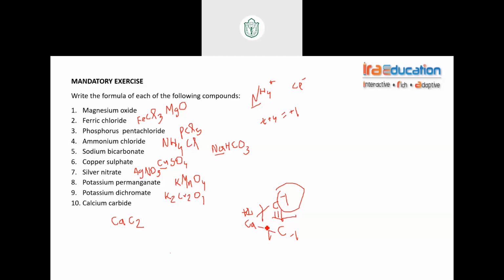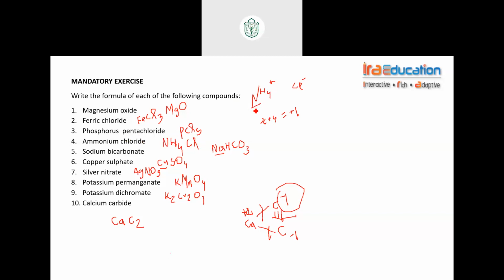Sir, I didn't understand that X method. Which one? Please repeat. That X plus 4. What's your name? Arham. Arham, see here, ammonium chloride, the formula is NH4Cl, right? Listen carefully.